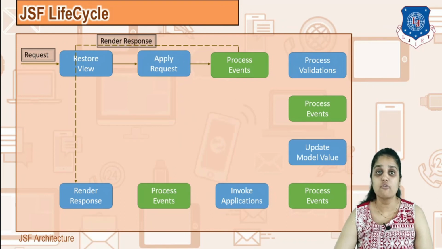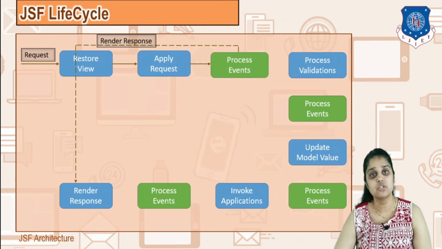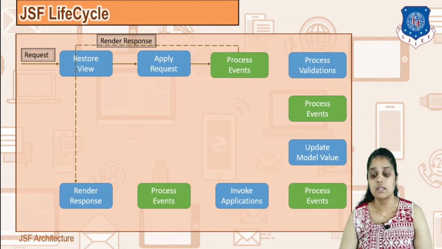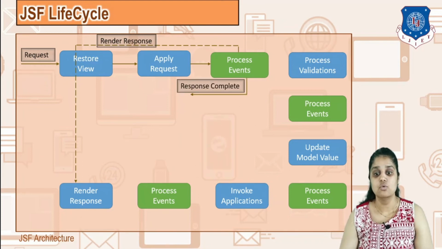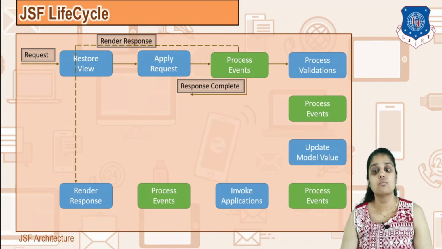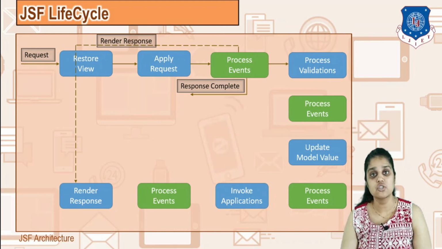Okay, it is checking for validations, it is doing any conversions if needed, and if everything is okay and you don't have to move further, you don't have to do any other logic or coding, then you are rendering your response. Otherwise, you are moving on to processing any validations or regular expressions that you have fed in.